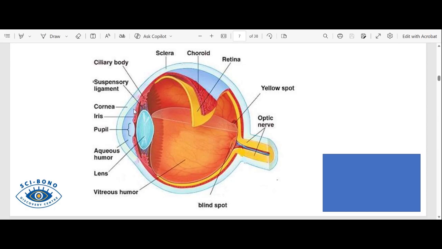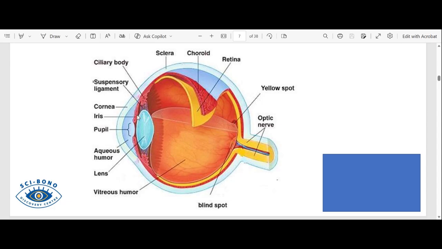As you can see, it's just behind the cornea. This whole fluid, if you can follow my pointer, is just behind the cornea and it maintains the shape of the cornea.